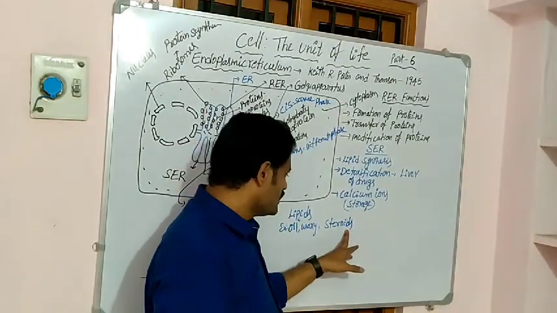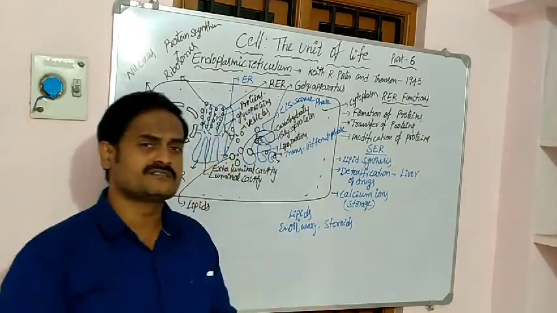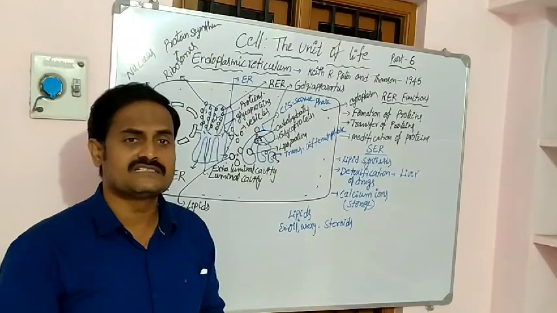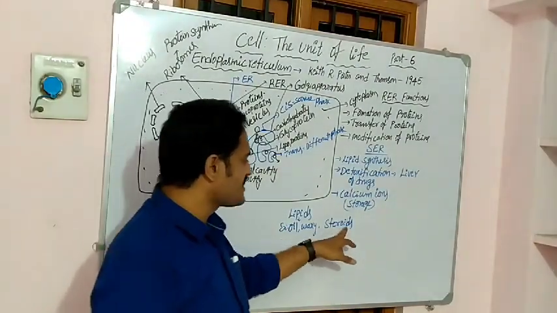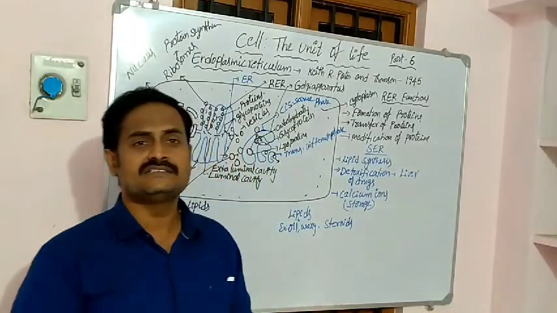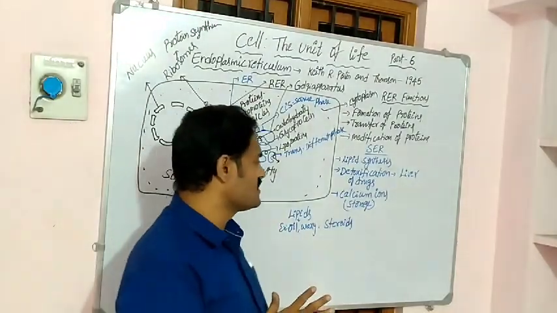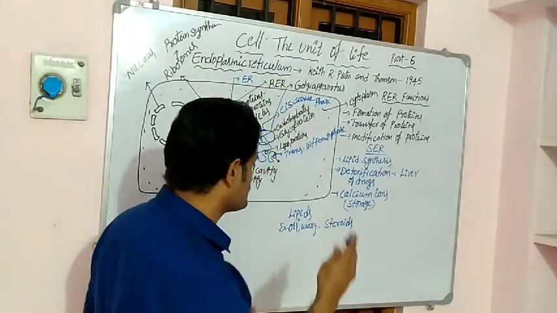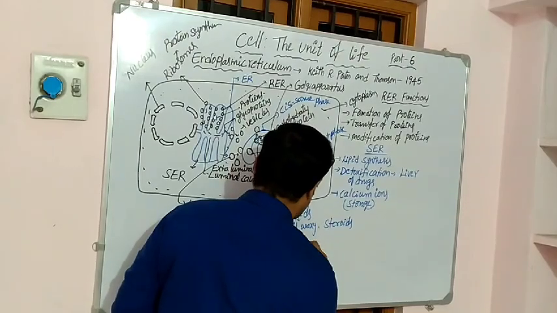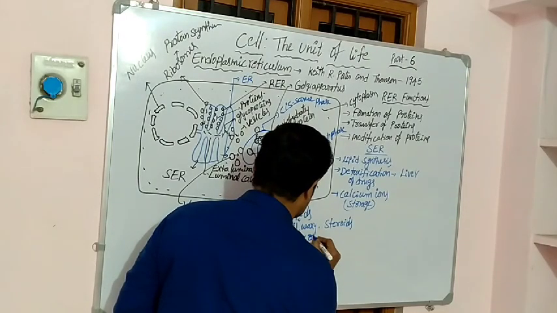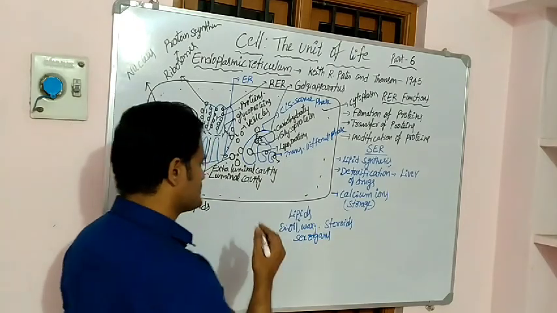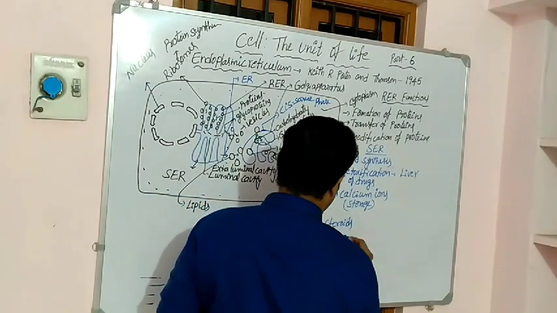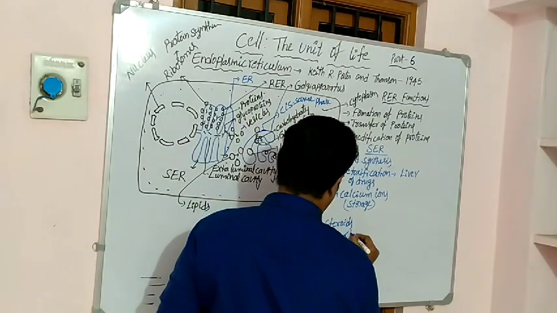How does the smooth endoplasmic reticulum release the steroids? Mostly steroids are released from some special organs in our body. What are those organs? They are sex organs, male and female.